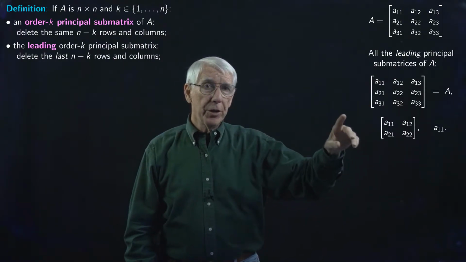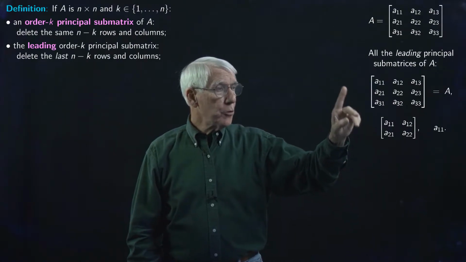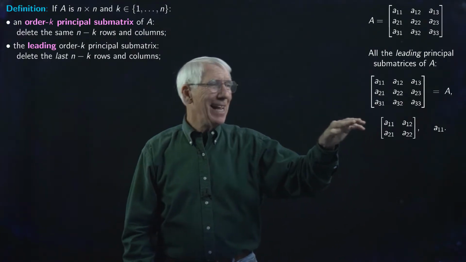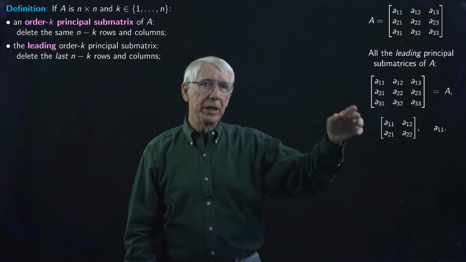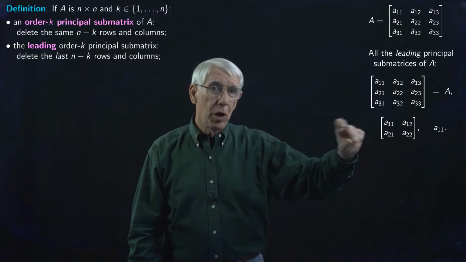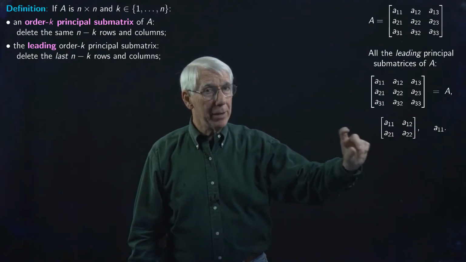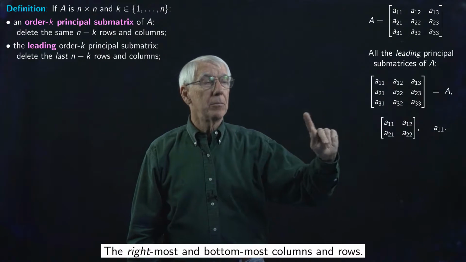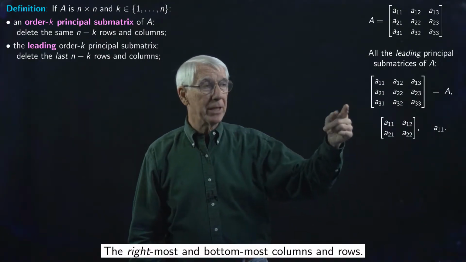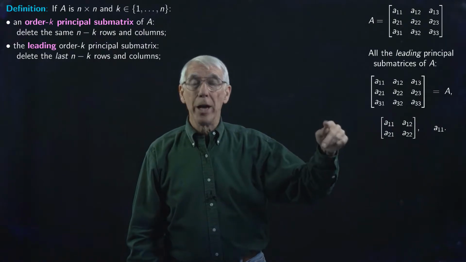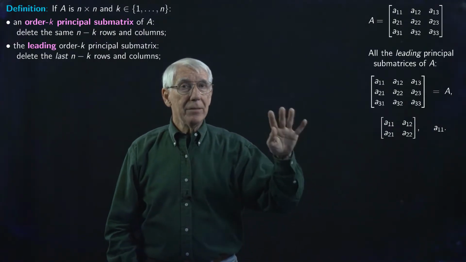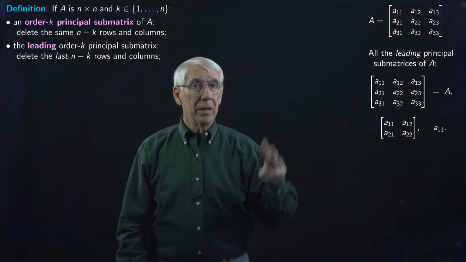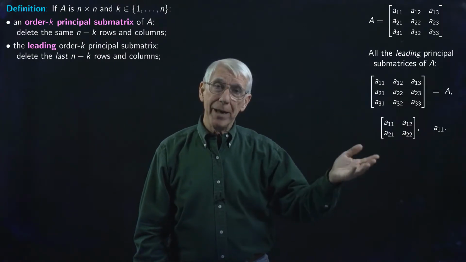The third leading principal submatrix here is the one where we have deleted 2 rows and columns, but they have to be the rightmost and bottommost 2 rows and columns. So the order 1 principal submatrix is just the submatrix consisting of A11. It's 1 by 1. So for a 3 by 3 matrix, there are 3 leading principal submatrices, where we have a 1 by 1, a 2 by 2, and a 3 by 3.